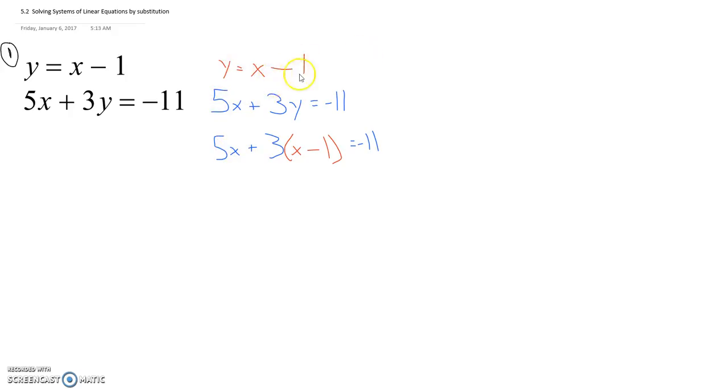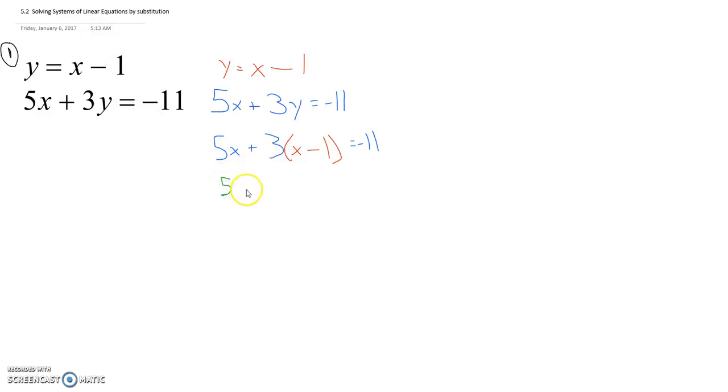Two different variables means infinite solutions. This blue one also has two variables, that's also infinite solutions. But when I put them together with substitution, now I only have one variable, which means only one solution. So I can go ahead and start solving this.